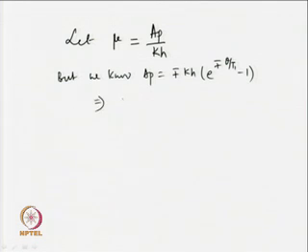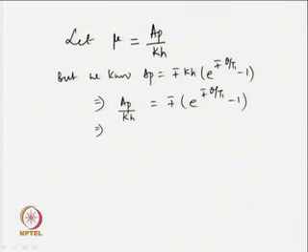Then the expression can be written as AP by KH is equal to minus plus e to the power minus plus theta upon T1 minus 1, or mu is equal to minus plus e to the power minus plus theta upon T1 minus 1.